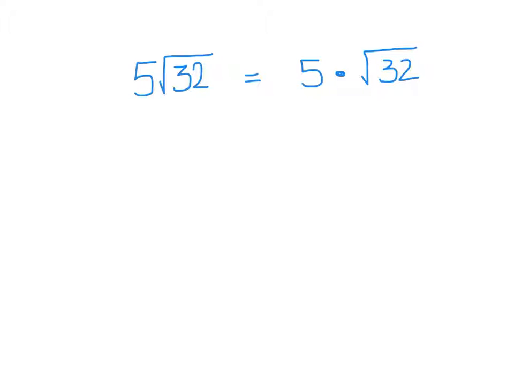So we're going to focus on factoring and simplifying just the square root of 32. All right? So here we go. Once again, as we always do, we're going to factor this. So we'll make it 32. 8 times 4. And then 8, cross it out, 4 times 2.